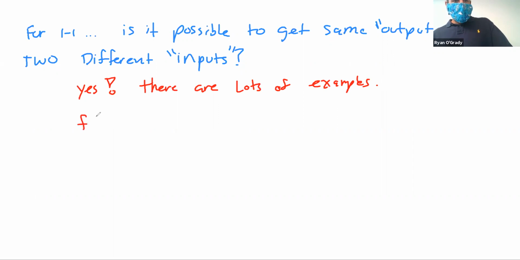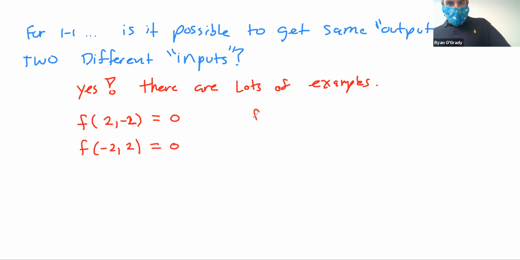You know, f of, say, (2, -2) equals 0. f of (-2, 2) equals 0. f of (5, -5) equals 0. f of (-5, 5) equals 0.